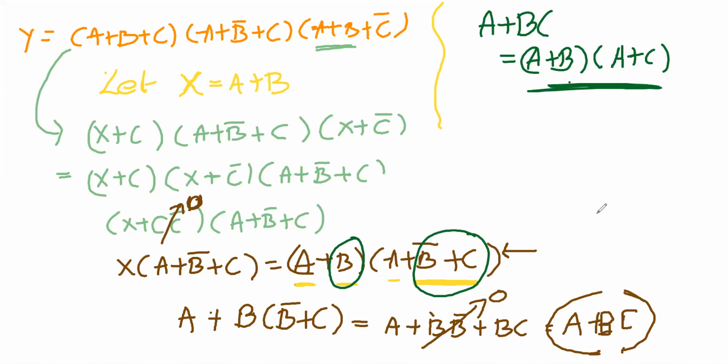Sir, in the last class you said that after reducing an expression to a smaller expression, like A plus B plus C reduced to A plus BC, we have to take the truth table for A, B, C. You can have a try.